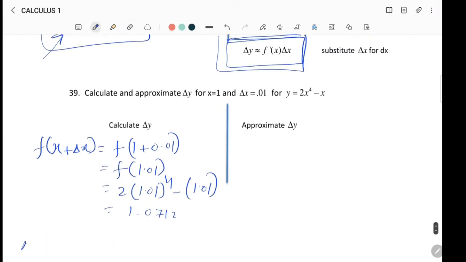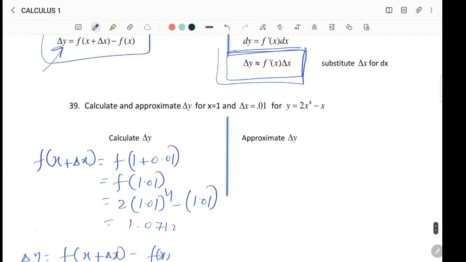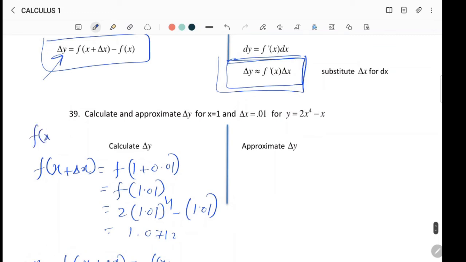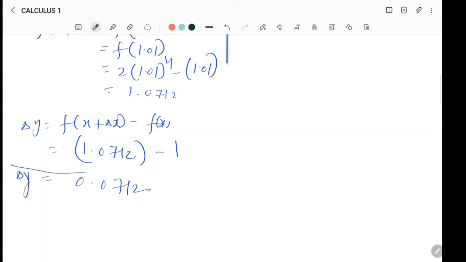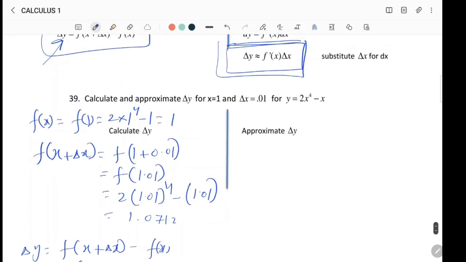Delta y has formula f of x plus delta x minus f of x. So f of x also we have to find. x is 1, f of 1 is 1. So f of x plus delta x, 1.0712 minus 1, is 0.0712. This is my delta y, change in y, right?